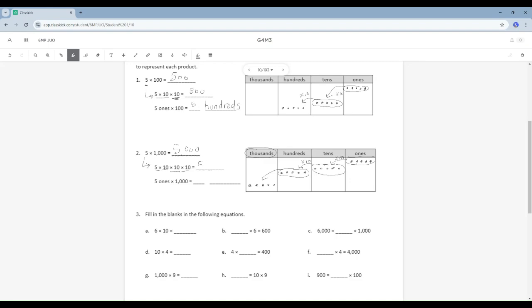Well, 5 times 10 is 50. Times 10 is 500. Times another 10 is 5,000. Multiply by 10 3 times, and I end up with 3 zeros on the back of that initial number of 5. And 5 times 1,000 makes 5, and they end up in the thousands place. So 5,000.